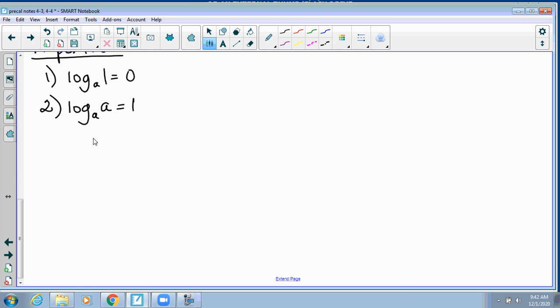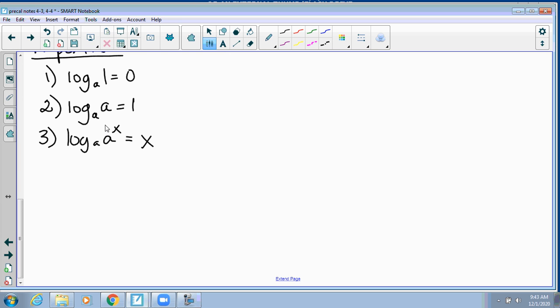Okay, so our next property says that if we have log base a of a raised to some power, whatever that is raised to is just going to be our answer. Because if we think about the way this is written, and if we were going to rewrite it as a power, a to what equals a to the x? Well, a to the x equals a to the x.